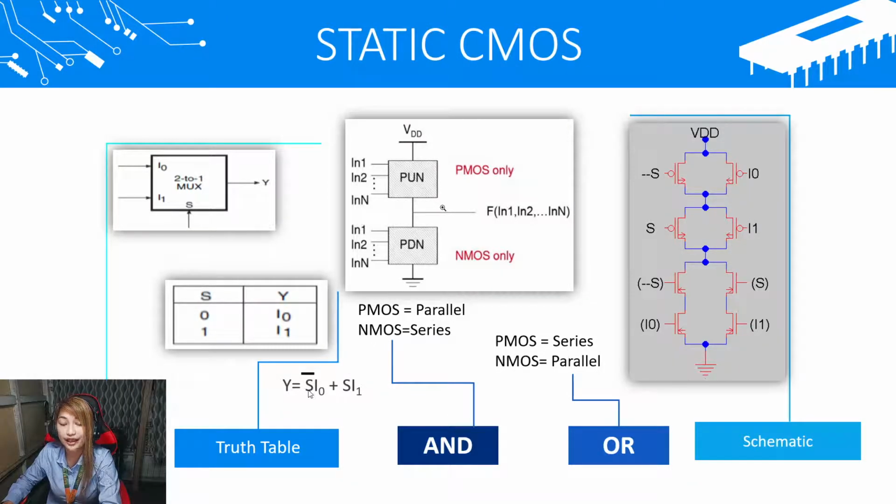So S bar must be in parallel with I sub 0. Then ORed, they must be in series with another parallel S, I sub 1. And then for our pull-down network NMOS, when ANDed, they must be in series. So S bar in series with I sub 0, in parallel with another series of S, I sub 1.